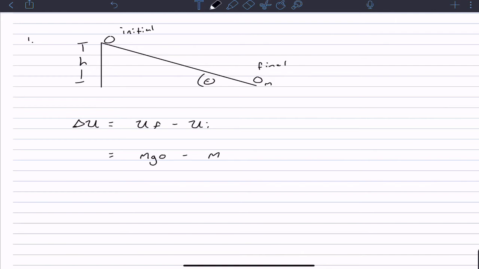Minus mgh. So what I'm saying is this has 0 gravitational potential energy at the bottom. This is y equals 0. At the top, however, where y is equal to h, we have mgh. And since we're taking Uf minus Ui, where this is initial, this is final, right? So we have 0 minus mgh. So that gives us a total of negative mgh.